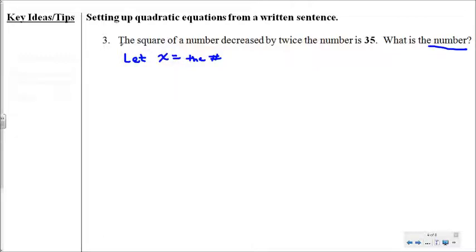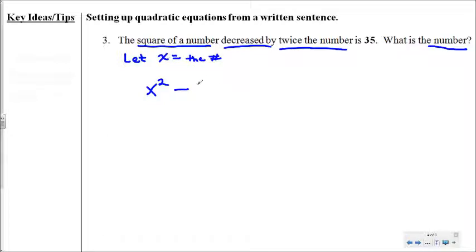Now I have to interpret that equation from this sentence. So it says the square of a number. Well, here's the number. I just represented it with the value x. So the square of that number would be x squared. Now that value is decreased by, well, to decrease something, I subtract twice the same number.